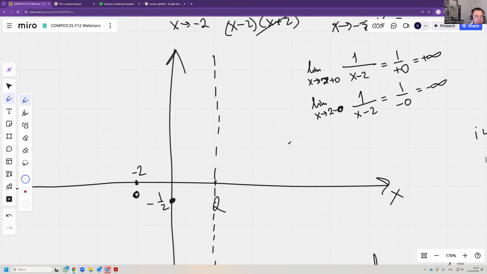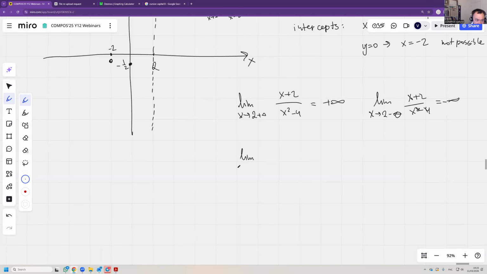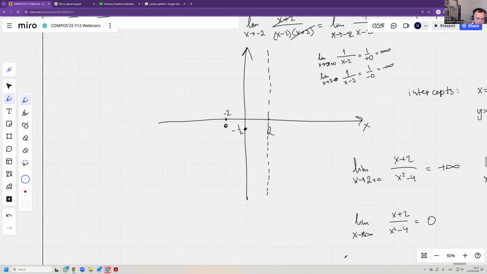And then the limit as x tends to plus infinity of (x plus 2) divided by (x squared minus 4) is 0. So the graph goes like this, and this is like this, and that's the discontinuity.